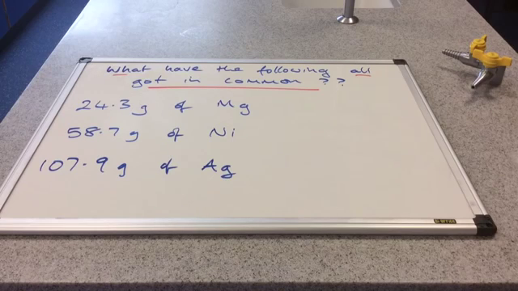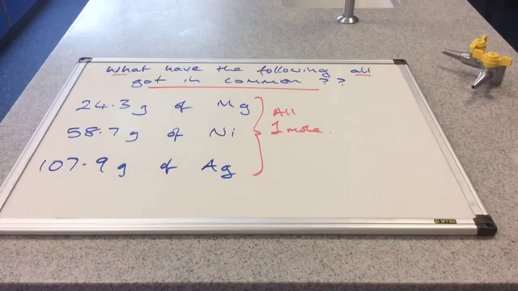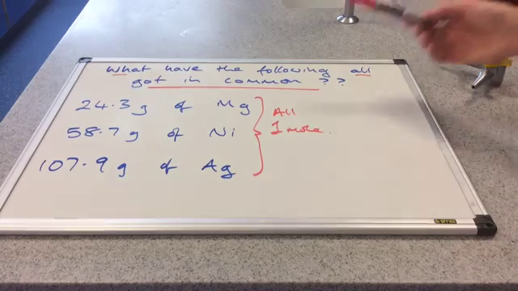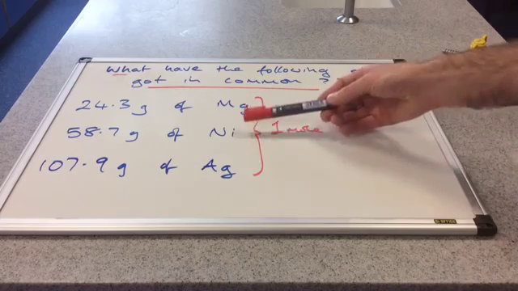Hopefully you've all realised that we've got 1 mole of each of these substances. Because these are all 1 mole of the substances, we can also say how many particles are present. By particles, we're talking about atoms here.